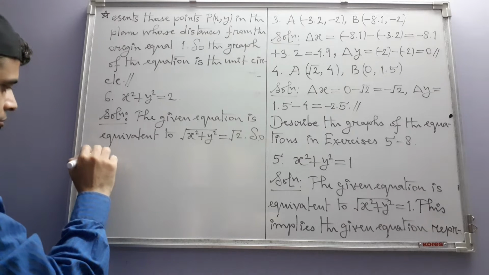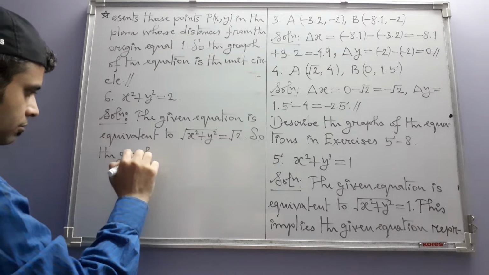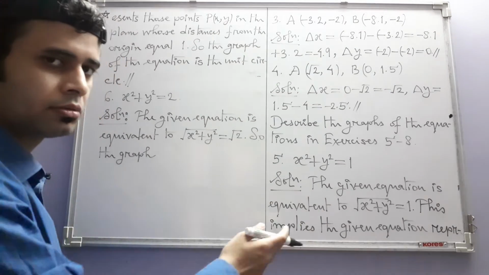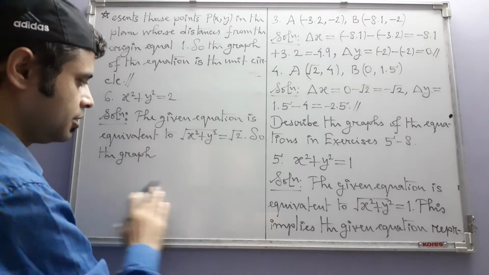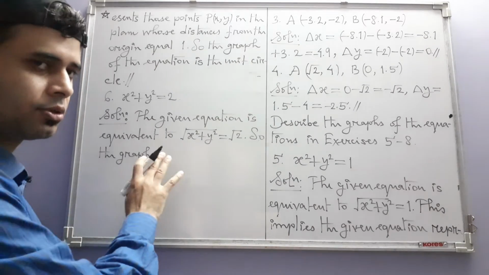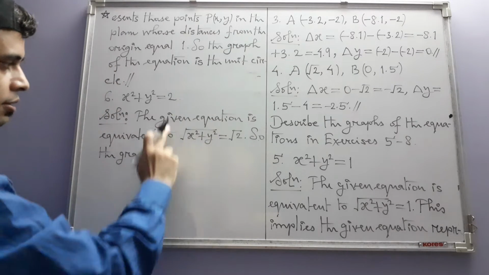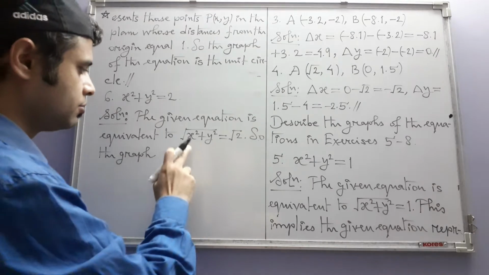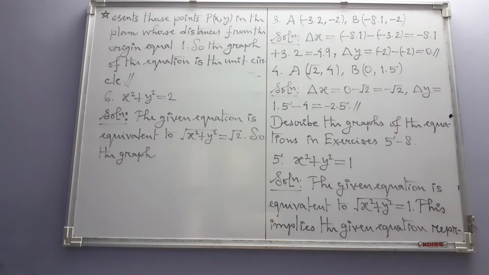So the graph, I mean, we have written the reason once. In fact, it has to be written in every solution, but of course I'm not going to repeat it. This represents all those points in the plane whose distances from the origin are all equal to square root of 2.